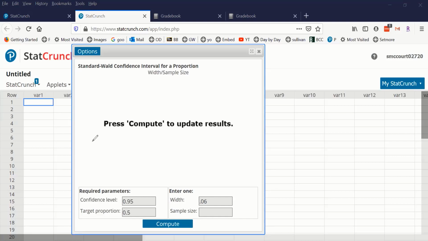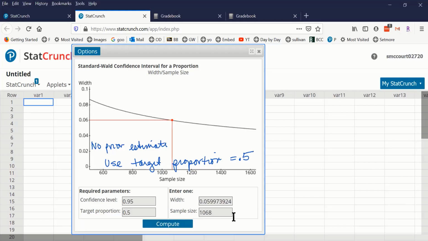So when we have no prior estimate, then the target proportion is equal to 0.5. And we should get a slightly higher sample size. Because it was 0.53, it's not very different, so it shouldn't be very different. Okay, and when we compute, oops, we get 1068, so just slightly more.